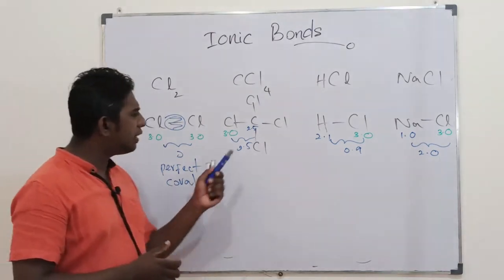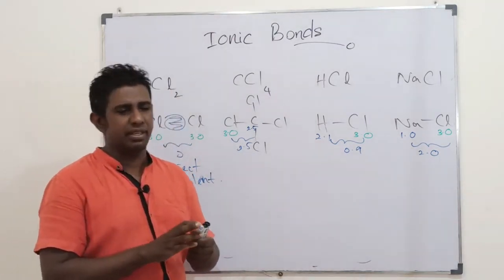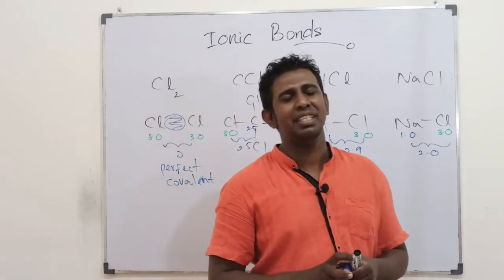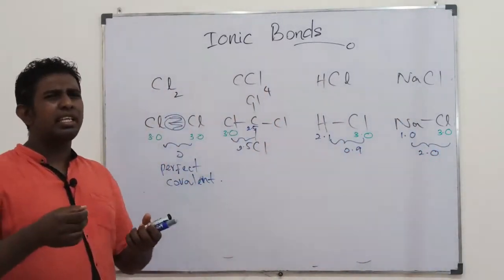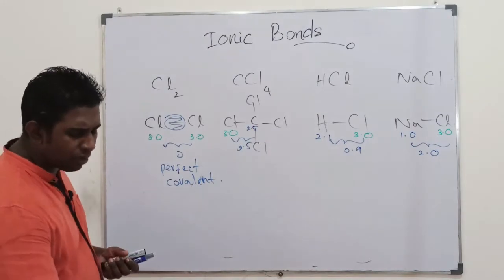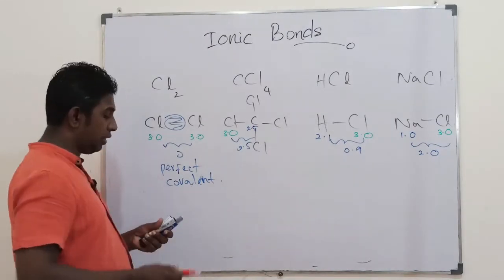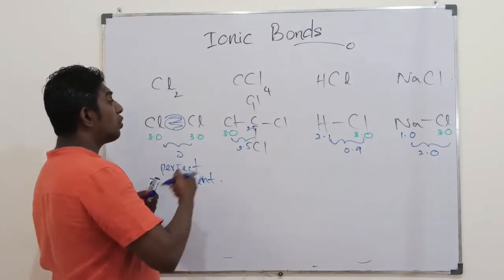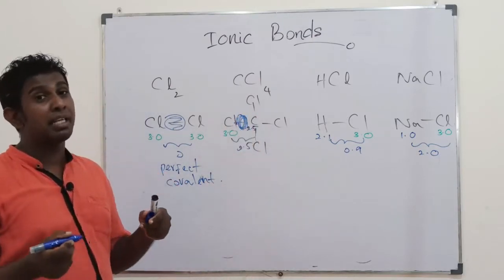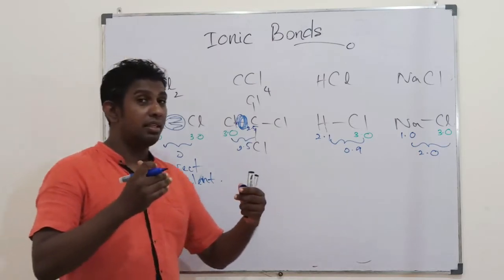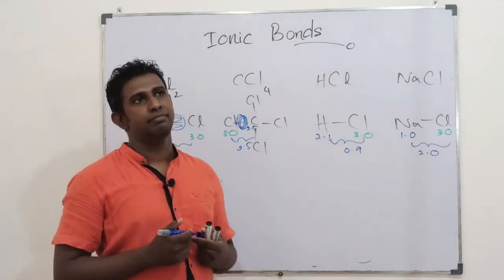Okay, then students, here you have a slight electronegativity difference between carbon and chlorine. Chlorine is more electronegative, therefore the bond electron cloud shifts towards chlorine rather than carbon. It's not much, but it's not symmetric now.